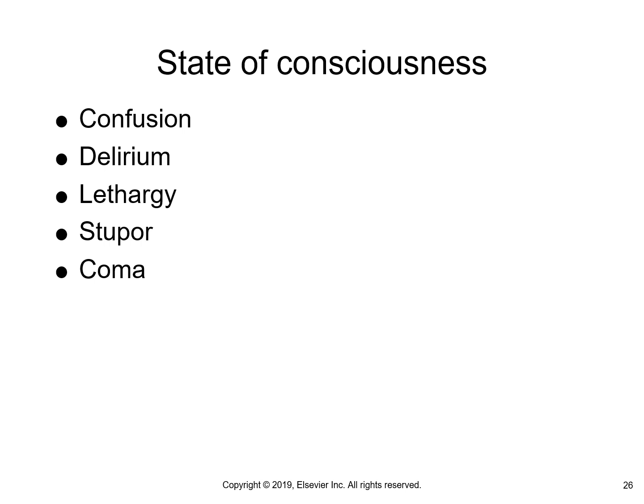Lethargy is sleepy and difficult to arouse, while a stupor is a deep sleep and responds only to vigorous or painful stimuli. And then coma is unconscious and unresponsive to any external stimuli. May include posturing. If you guys recall, your decerebrate and your decorticate, right? That falls under coma too.